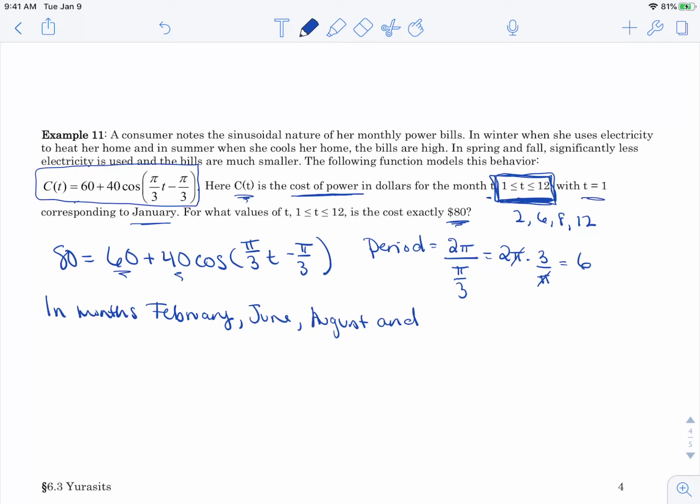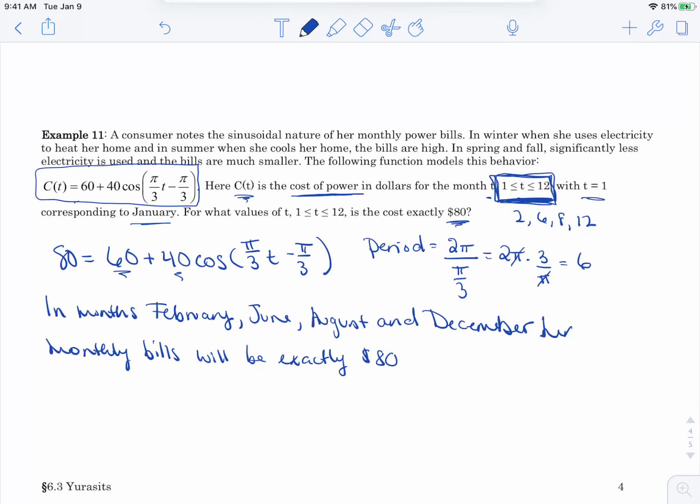And where was I? 8. So September, October, November, and December. Did I do that right? Yeah. Okay. Her monthly bills will be exactly $80.